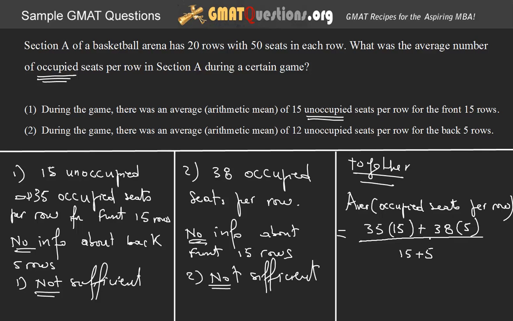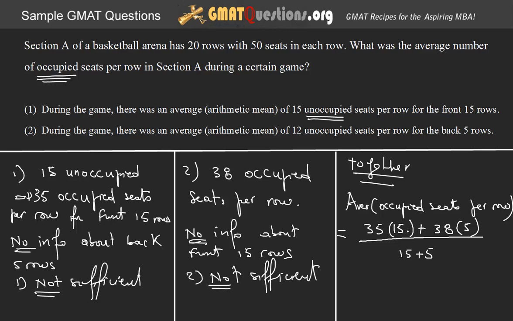So really, if you want, the weights here are 15 and 5, the number of rows. Okay, so this is important, and so what we need to do now is just to calculate this. But you can see right away we can do it. Really, we can, because there is no overlapping between the 15 front rows and the 5 back rows, and that's why, as you can see here, we can do it.